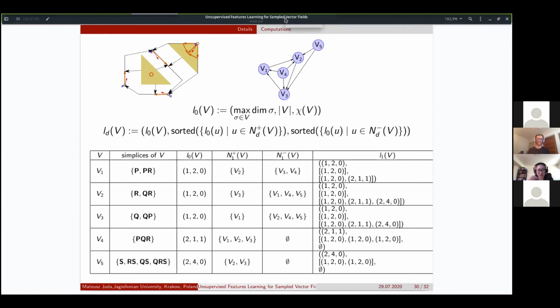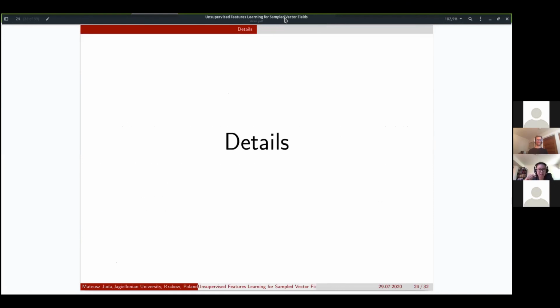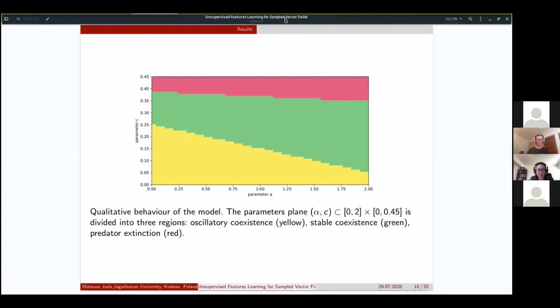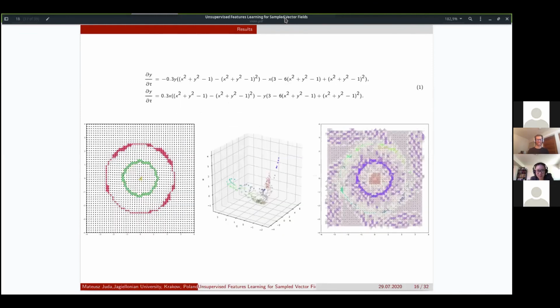Back to the very first example, I think it's on page 16. Yes, this one. If I go back, you showed on the left picture, is that a ground truth picture you obtained elsewhere? On the left, the vectors are just from the simulation. We have the equation and we just plot the vectors.